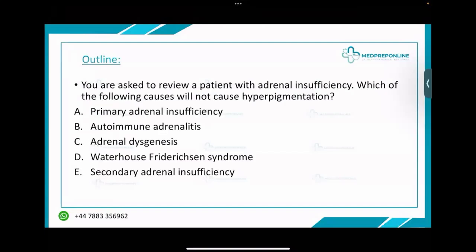Last question. You are asked to give a patient with adrenal insufficiency. Just read the question carefully and try to understand what they're trying to ask you.